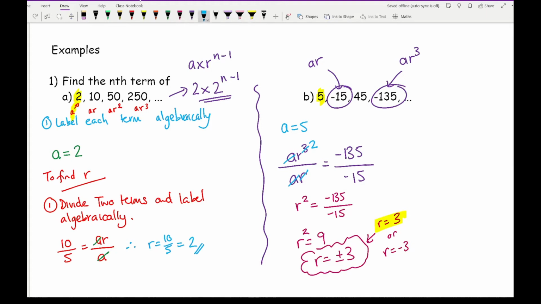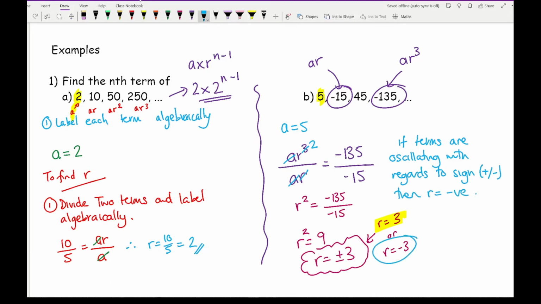So if the terms are oscillating with regards to signs, between positive and negative, then r is going to equal a negative number. So here my r value is going to be minus 3. So the nth term of this sequence is going to be 5 times minus 3 to the power of n minus 1. And there is my nth term for this particular sequence.